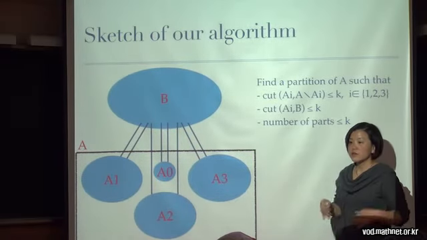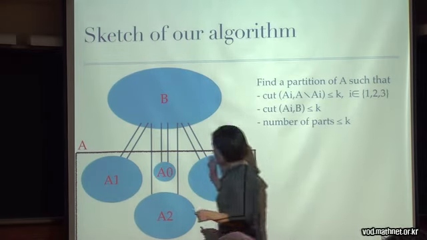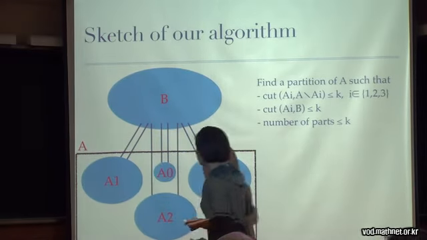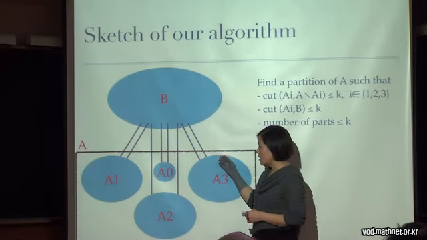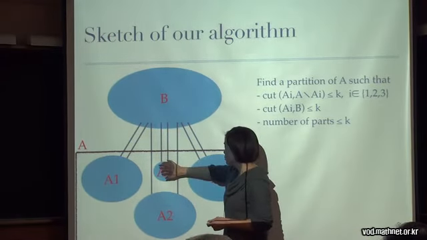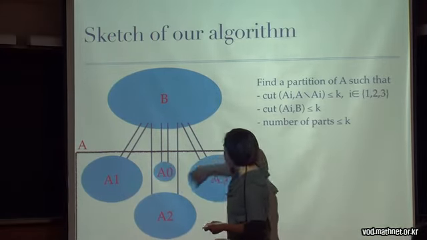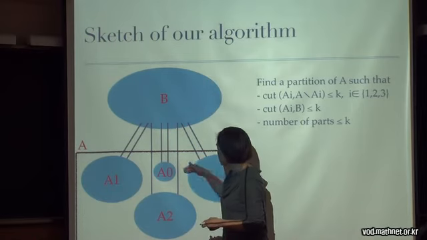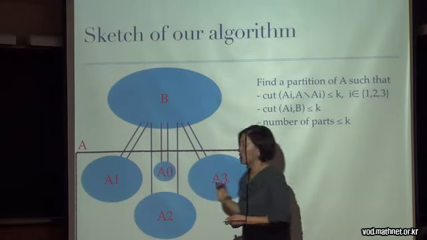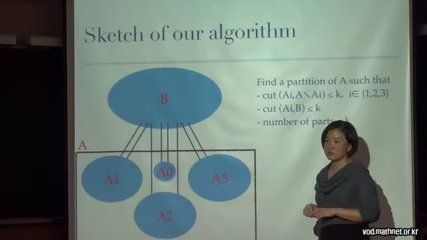If there is a tree-cut decomposition of width at most k, then there is a tree-cut decomposition of width k of the graph induced on A. So you can actually find some bag and its neighboring partition such that the cut along this edge should be at most k. And this one will actually detect such a partition.